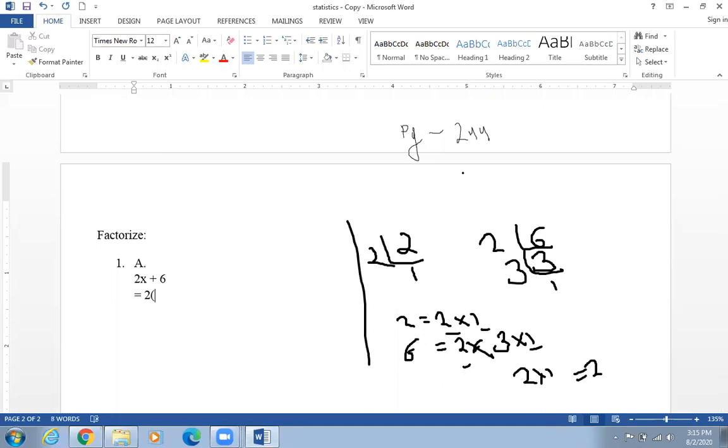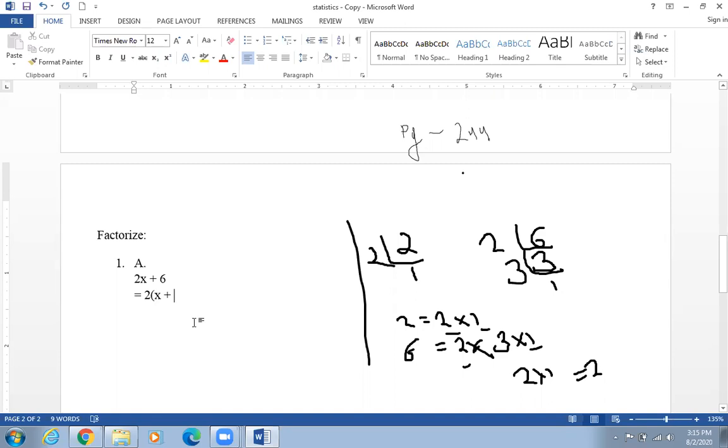So put the bracket. If 2 is common, then what is left over here? If we write 2 out of 2x, what is remaining? x is remaining, plus. Out of 6, if 2 is written, 2 times what is 6? 3 is remaining, isn't it?